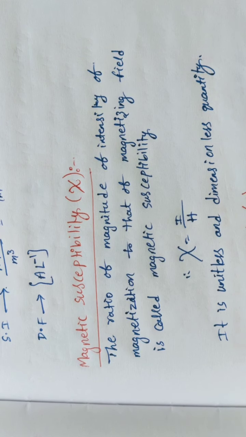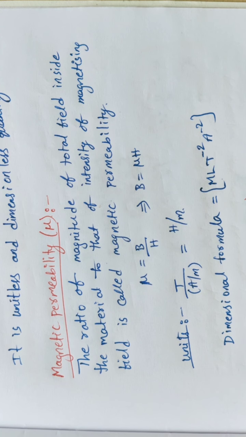Students, the magnetic permeability statement is represented as: the ratio of magnitude of the total field inside the material to the intensity of magnetizing field is called magnetic permeability.